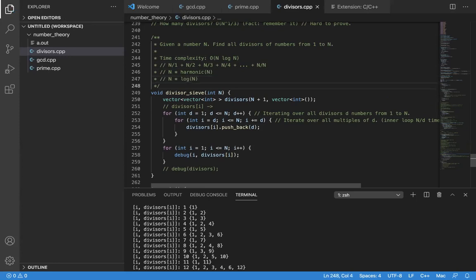So this becomes n log n. It might look like n square, but understand that if you are only going over multiples of a particular number, you will be spending only n log n time. You will not be spending n square time. Is this clear to everyone? Is everyone clear why its time complexity is n log n?